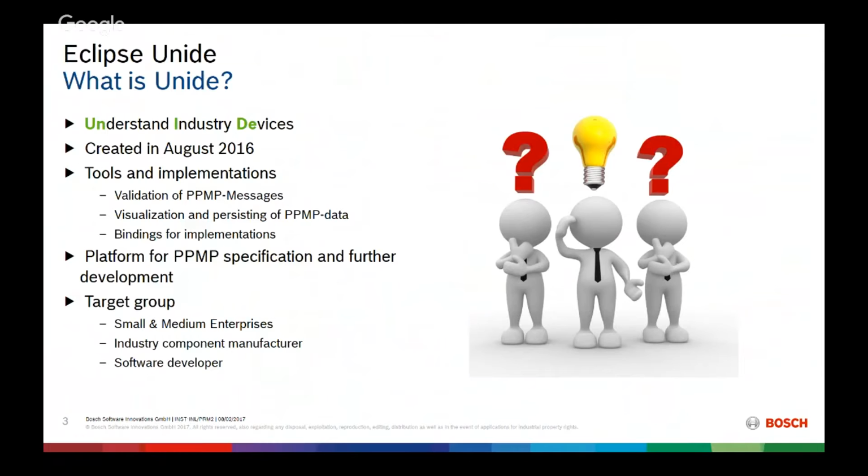Our target groups are small and medium enterprises, as well as big companies. But for small and medium enterprises, it's really important that we provide a simple and easy to use standard, so that we don't make it too complicated, like an OPC UA stack or oneM2M, which has a specification of 100, 200, or 300 pages.